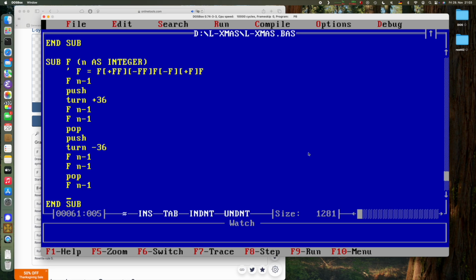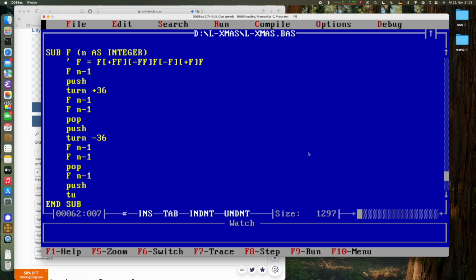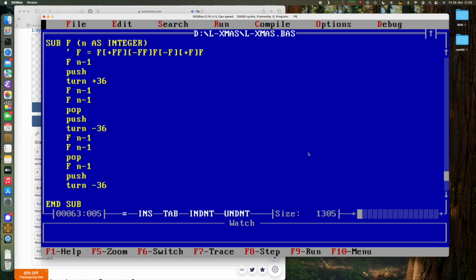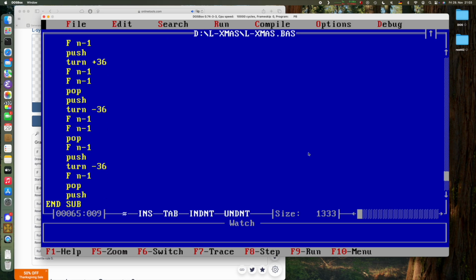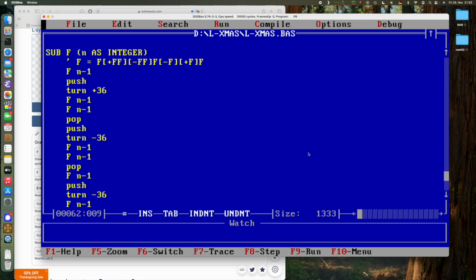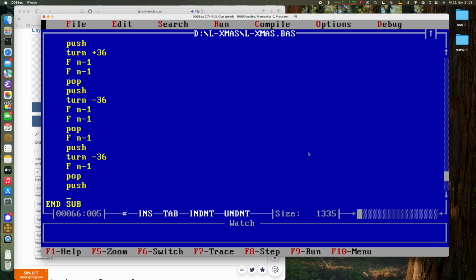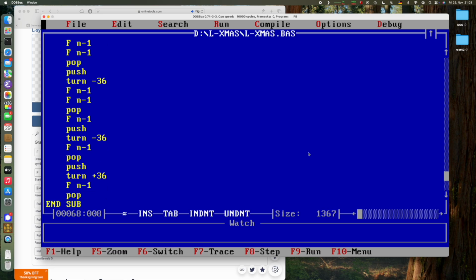Next up is a push, turn minus 36 degrees, fn minus 1, pop, push. Now I have to look up pop, push, then turn plus 36 degrees, first fn minus 1, then the pop, and then one more fn minus 1.